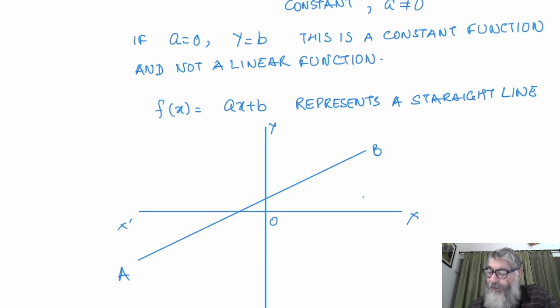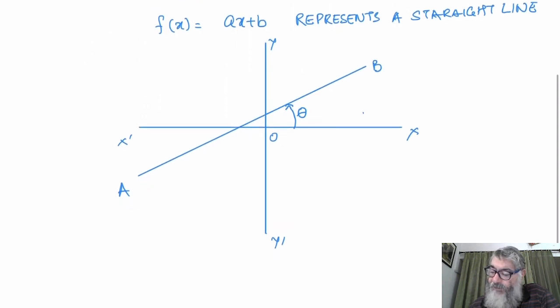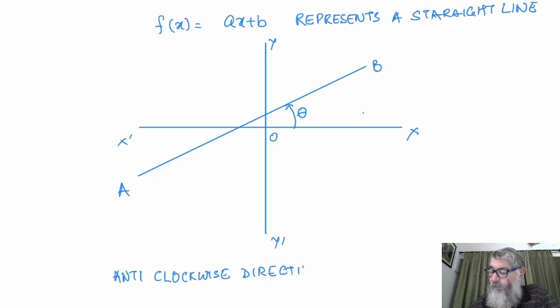Now this line AB makes an angle of theta with the positive direction of the x-axis. In the positive direction of the x-axis, the anti-clockwise direction is taken as positive.